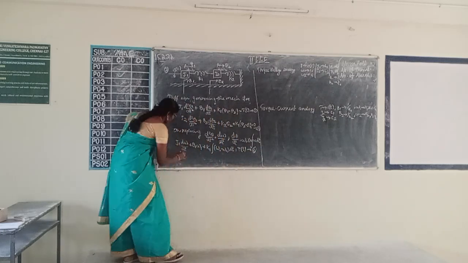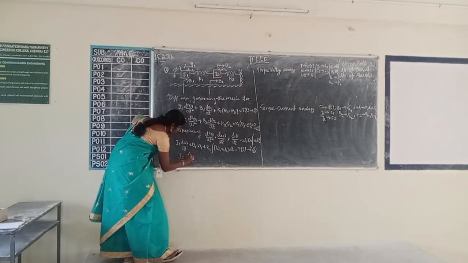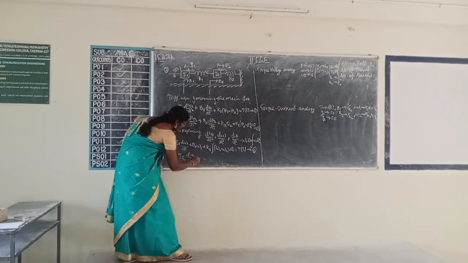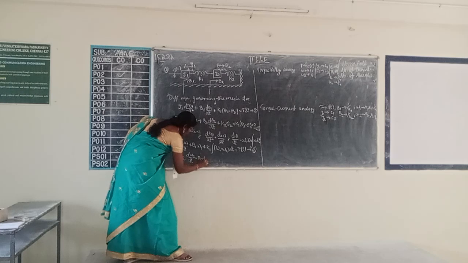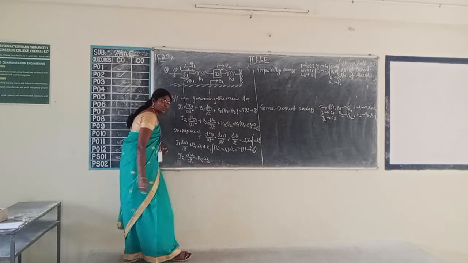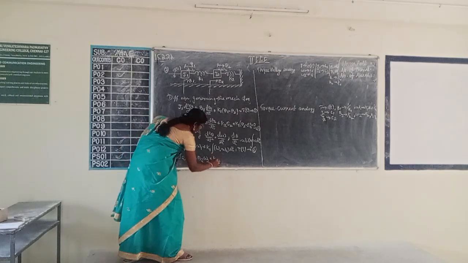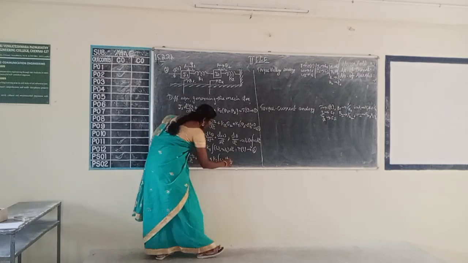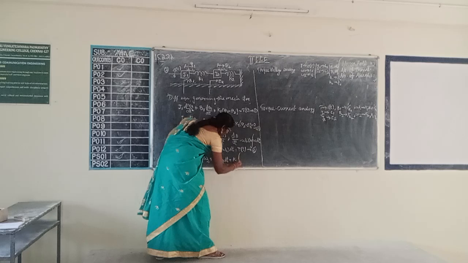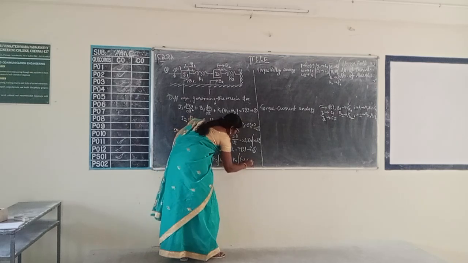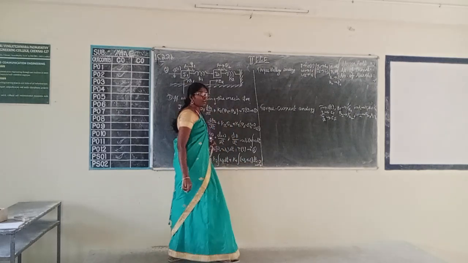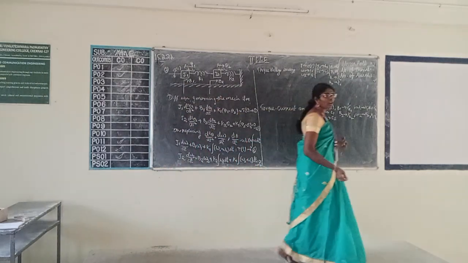And next, J2 d omega2 by dt plus B2 omega2 plus K2 integral of omega2 dt plus K1 integral of omega2 minus omega1 dt is equal to 0. Equation number 4.